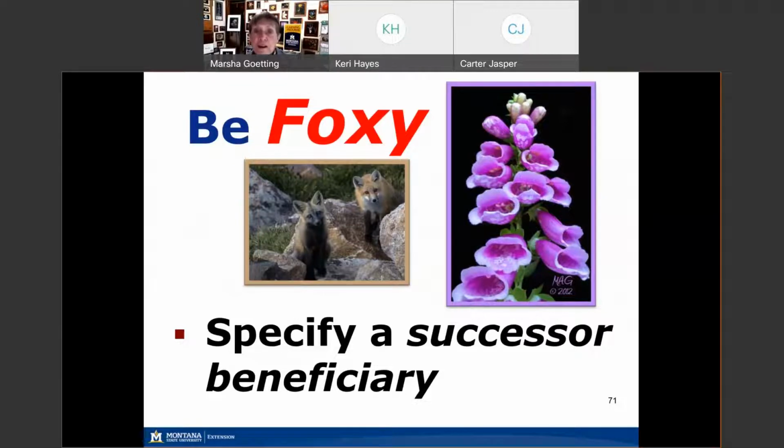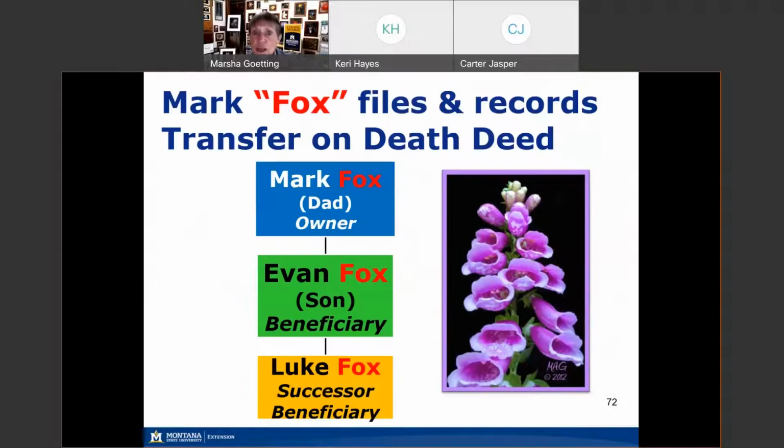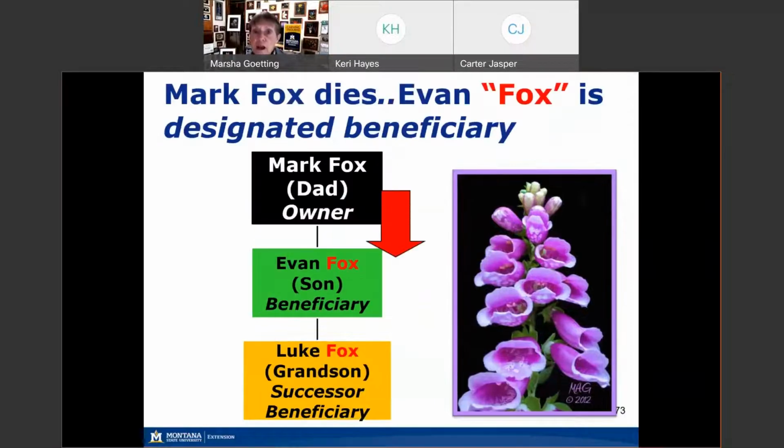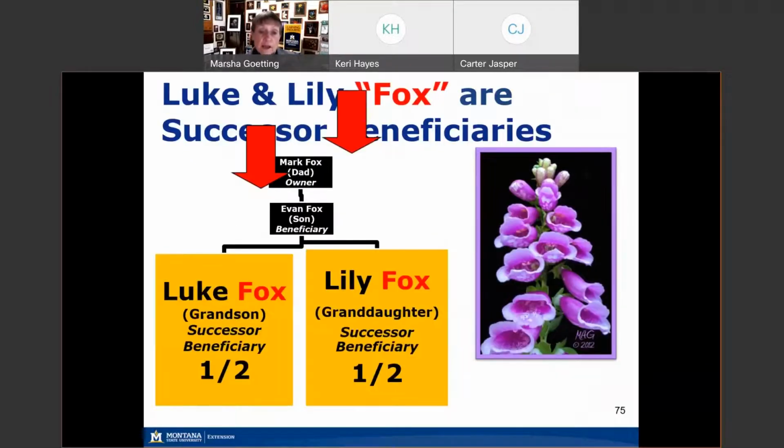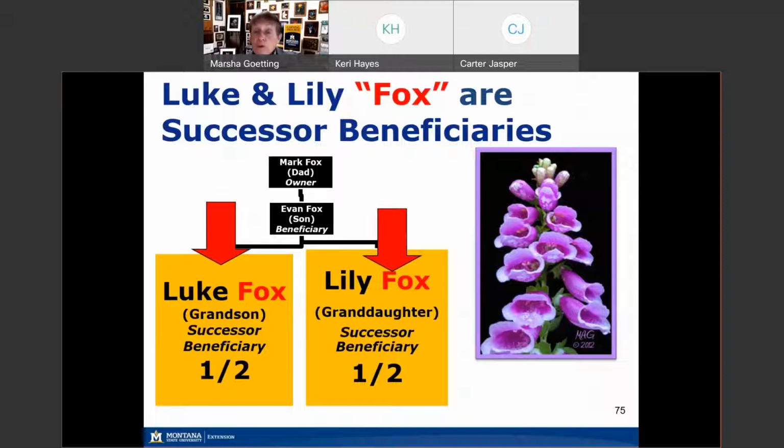You can specify a successor. So let's take a look at Mark. Mark has filed a transfer on death deed. And let's say he dies. Well, it's going to go down to Evan. But if Evan dies with him or before Mark, then it's going to go down to Luke. And like I said, you could have more than one designated beneficiary for your transfer on death deed.